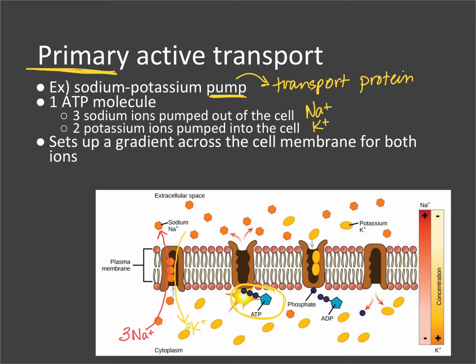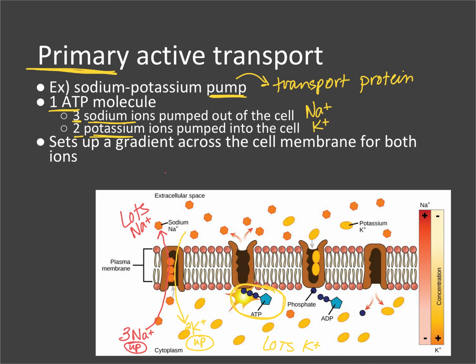So for each molecule of ATP, you're transporting 3 sodiums and 2 potassiums in opposite directions, but both are being transported up, or against, their concentration gradients. Potassium is being transported up its own concentration gradient, and sodium is being transported up its own concentration gradient. What we end up with is a lot of sodium on one side of the cell and lots of potassium on the other side because of this pump mechanism.